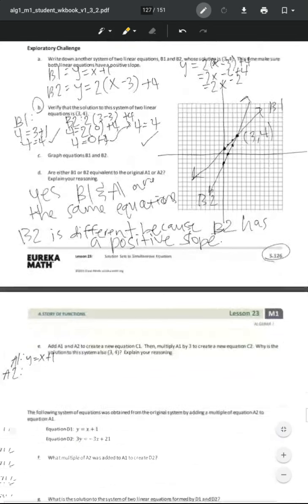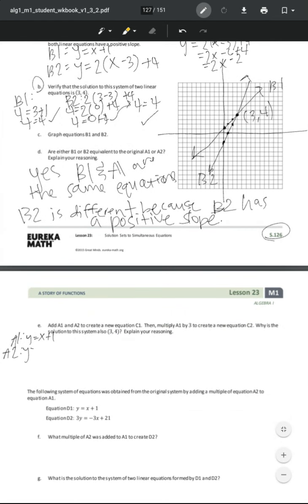And A2 was y equals negative 2x plus 10. To get C1, they want us to add these two together. So y plus y is 2y, x minus 2x is negative x, and 1 plus 10 is 11. So C1 is going to be 2y equals negative x plus 11.